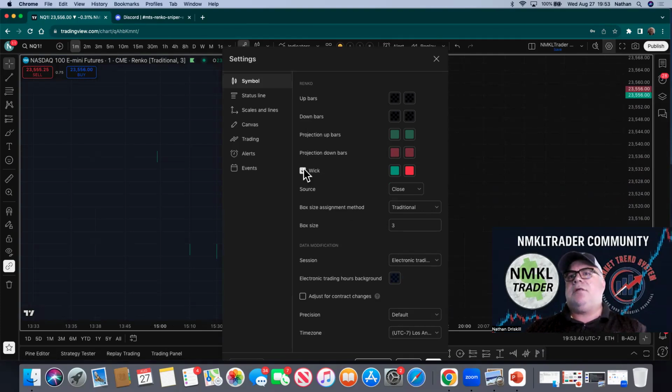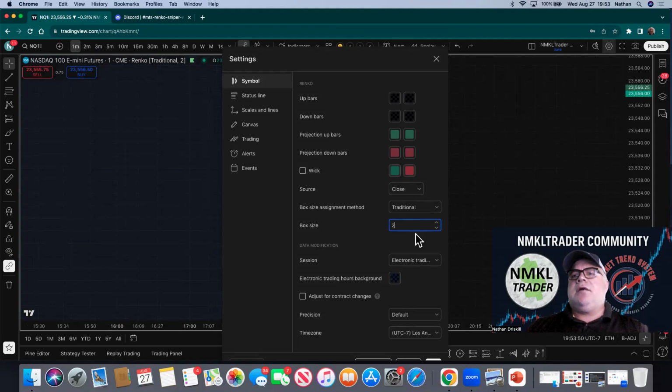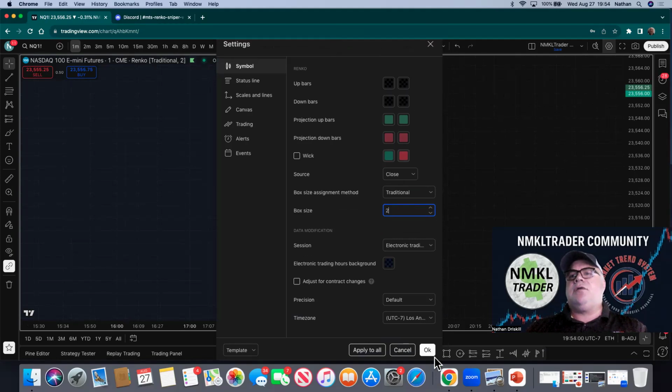Now let's uncheck wicks, because I guess it resets automatically when you go between them. I want a box size of 2. Let's just go with 2. That's how you change the brick size you'll see demonstrated on the chart. Let me hit OK here.